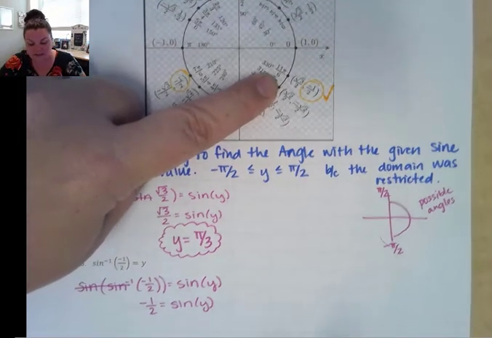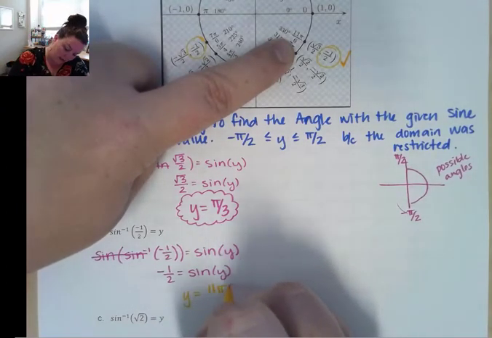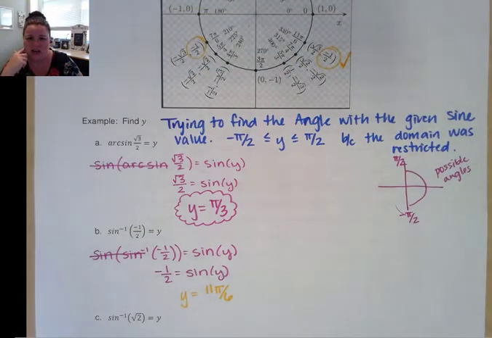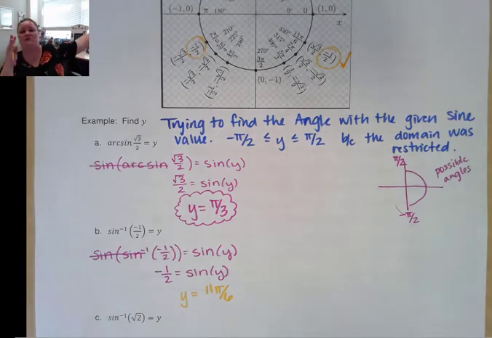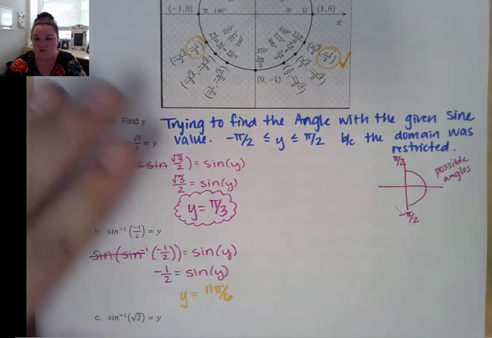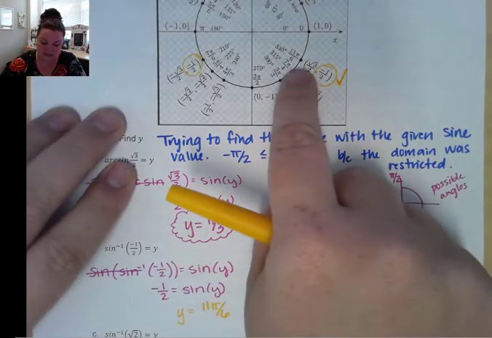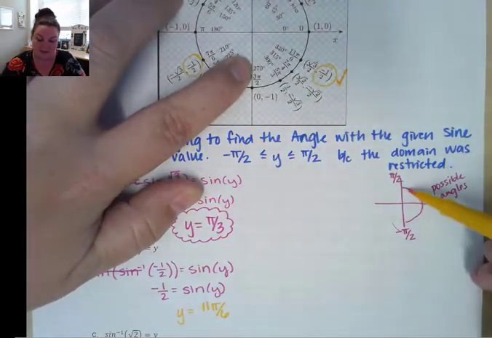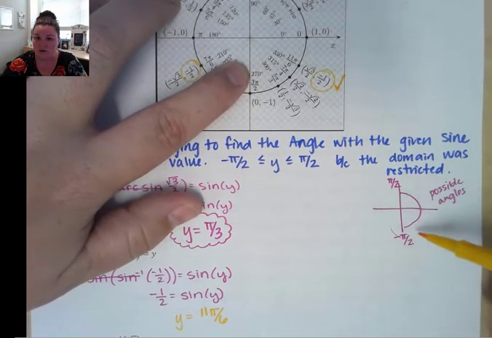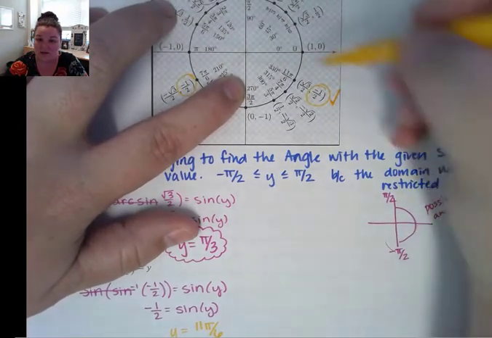But notice here, it's listed as 11 pi over 6, right? We're saying that y has to be 11 pi over 6. Well, if you look back at our arc sine, we didn't graph it all the way out to 11 pi over 6, right? We graphed it only from -pi over 2 to pi over 2. So what I'm going to do is, instead of representing this answer as 11 pi over 6, because I want it to fall within this range here, or within these possible angle measures, I'm going to express it as a negative angle, right?